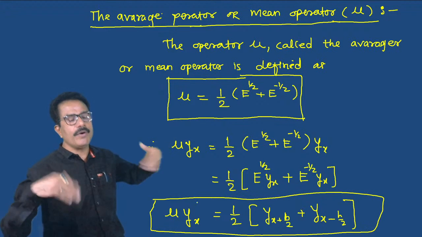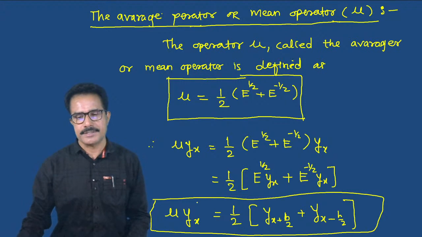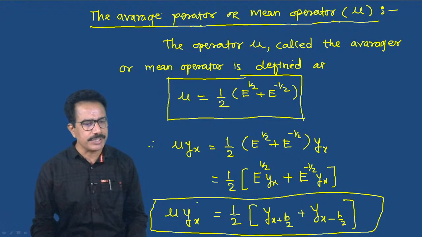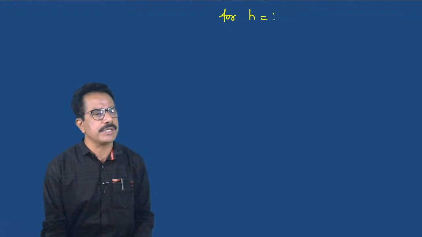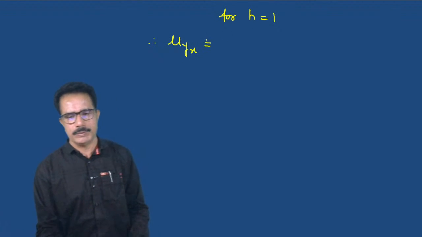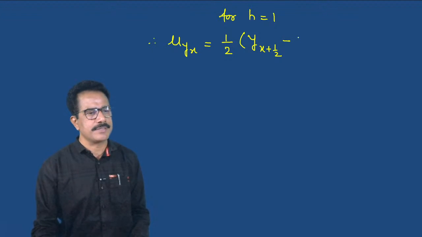So we can write mu of yx means half of y of x plus h by 2 plus y of x minus h by 2. आता इथं h जर 1 असेल, for h is equal to 1, then we can write mu of yx equals 1 by 2 into y of x plus 1 by 2 plus y of x minus 1 by 2.